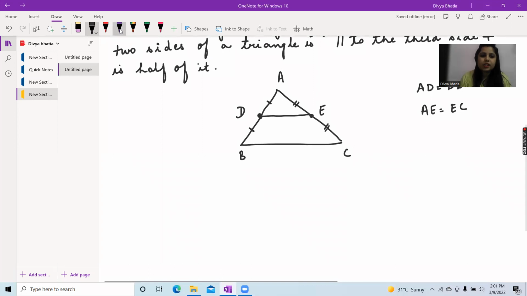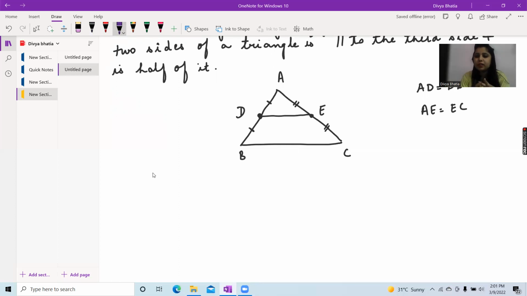So now as you can see, ADE is a smaller triangle, DEBC is a quadrilateral. So again, we don't have any congruency. We cannot prove any congruence in this. ADE and ABC will also not be congruent, because ADE is a smaller triangle, ABC is a bigger triangle.